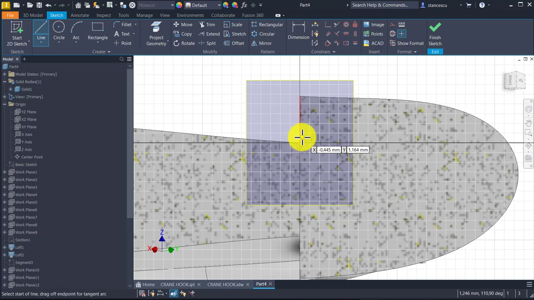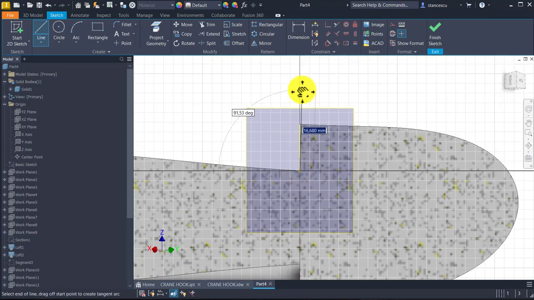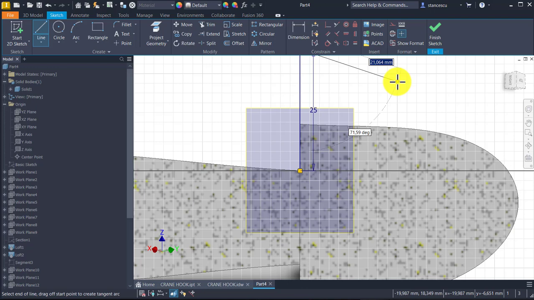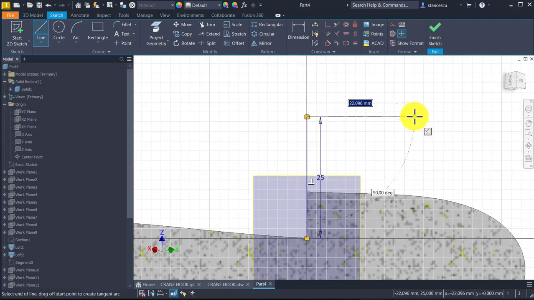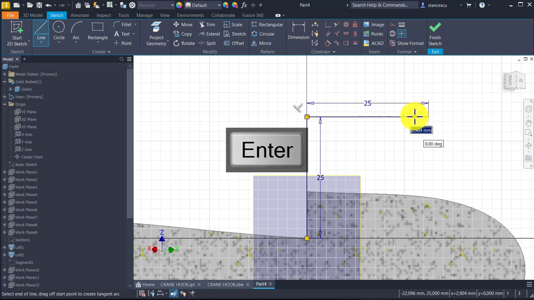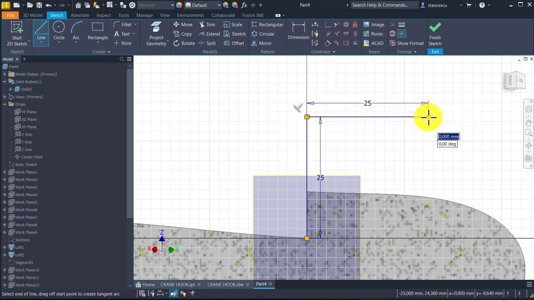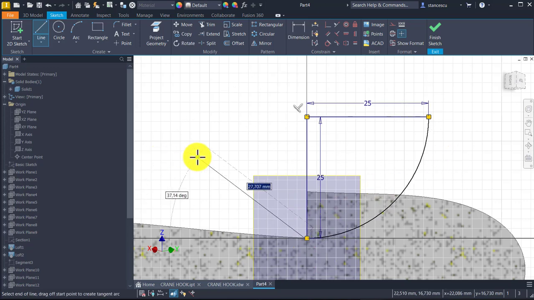Which is with this line of 25, then a perpendicular of also 25, and an arc perpendicular.